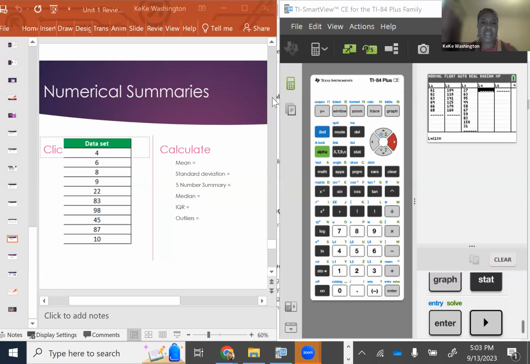Okay, you should be seeing the data as well as the calculator.